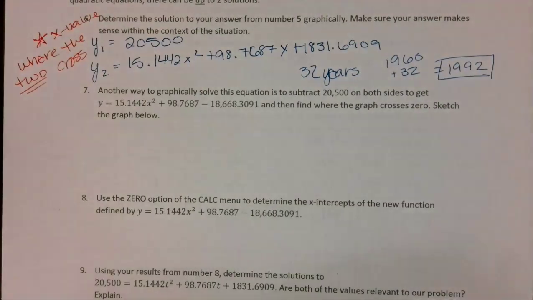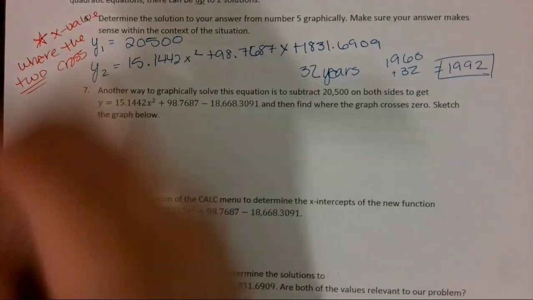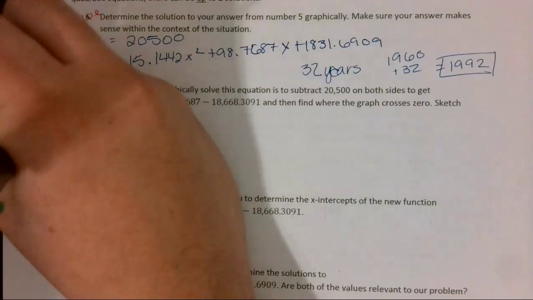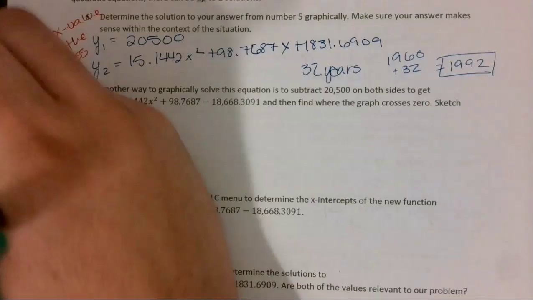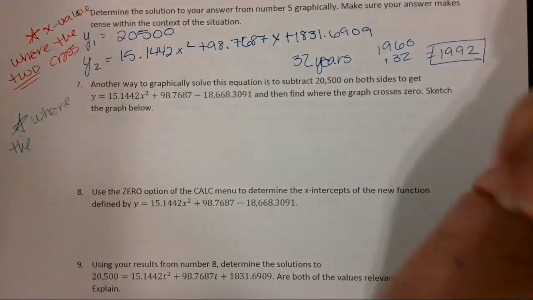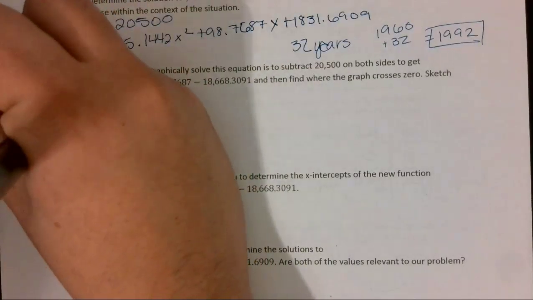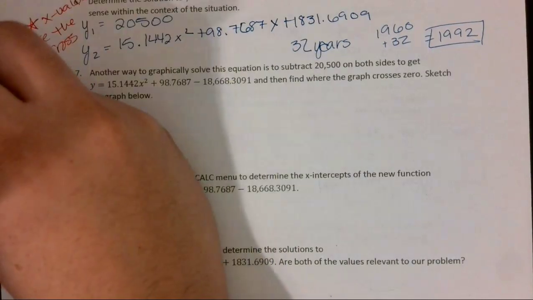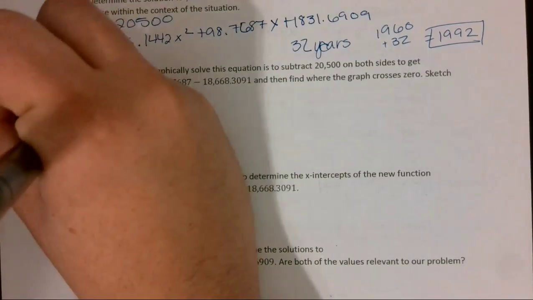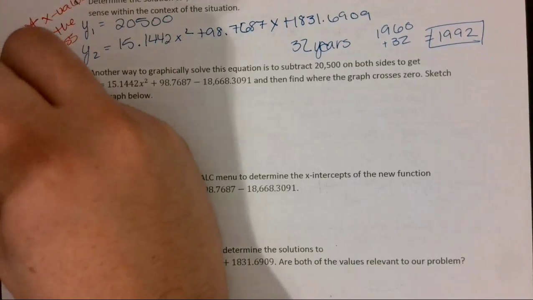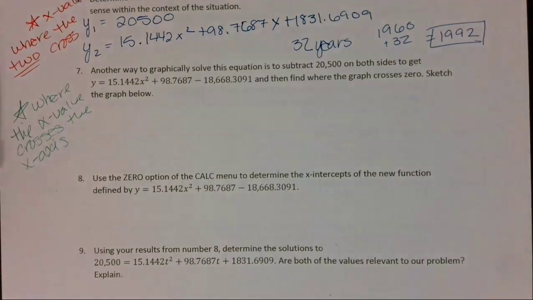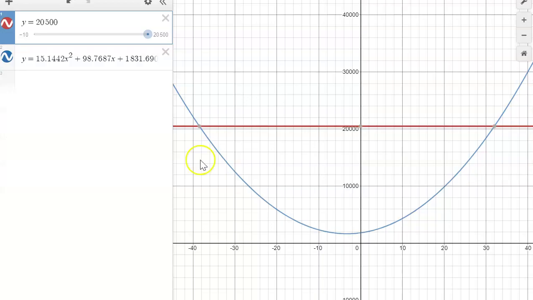And then on number 7, if I just have one equation, I want to find where the graph crosses the x-axis. So I'm going to graph this equation up from number 7.